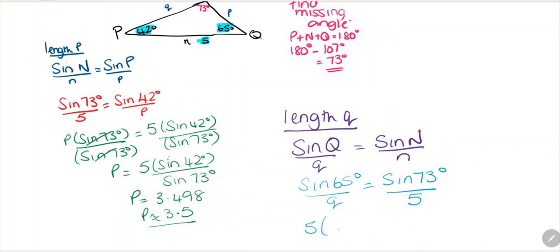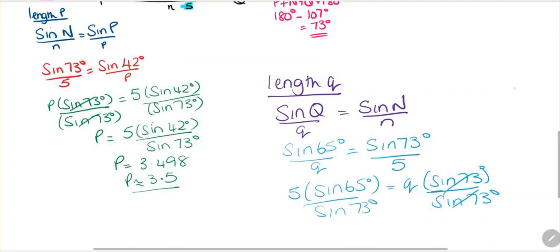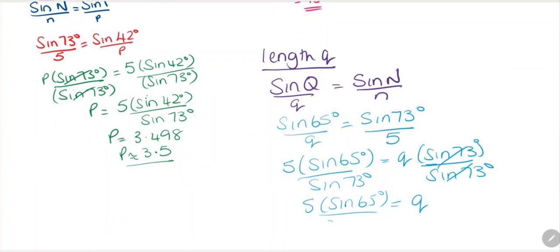So 5 multiplied by sine 65 is q multiplied by sine 73. And if I divide both sides by sine 73, this simplifies. So q is equal to 5 sine 65 divided by sine 73.